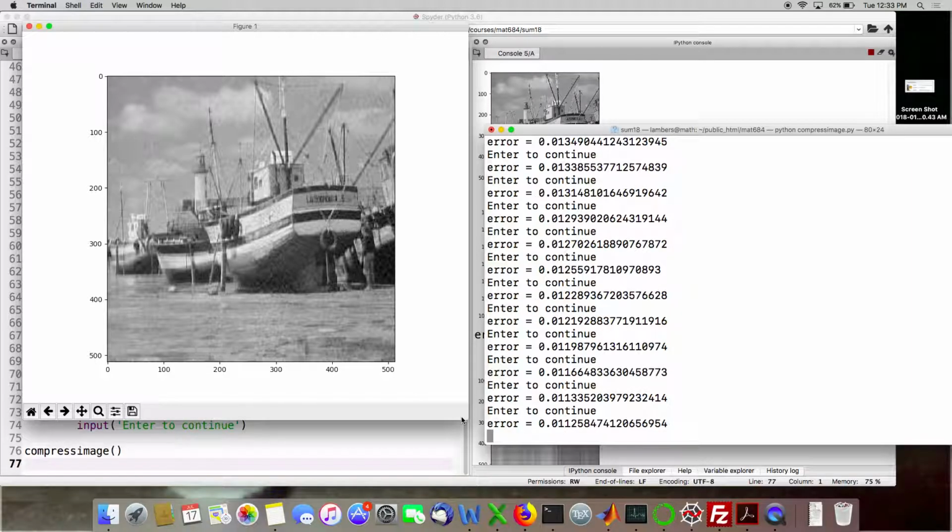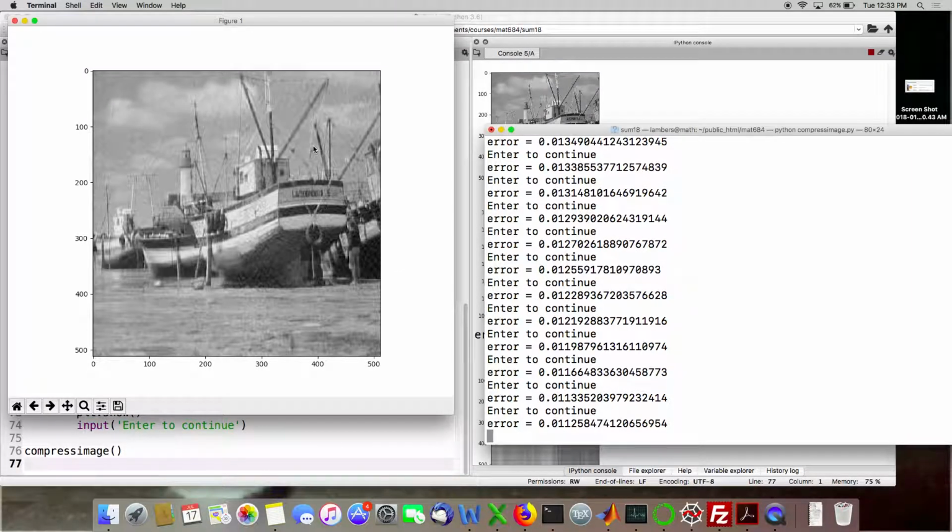Whatever rank you keep times the width plus the height plus 1 for the singular values, just to store those singular values and singular vectors. But then you'd have to reconstruct the image from that. So it's kind of like zooming out and saying, what level can I zoom out and still distinguish the detail? In a way, yeah. So here we are now at roughly rank 50 or 51, and that looks quite good.